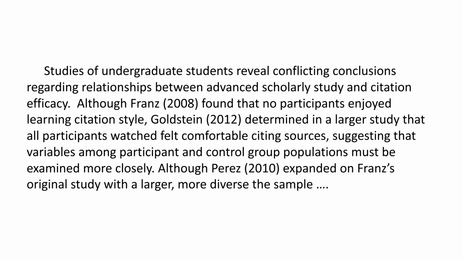So what am I taking out of that? What I'm taking out is that previous research has revealed conflicting conclusions regarding the relationship between advanced scholarly study and citation efficacy. So that's what I've taken out: there's no agreement. That's the point I'm trying to make. And you notice how that now leads maybe to a gap, to say maybe I need to do something to find agreement, to solve this issue, right?